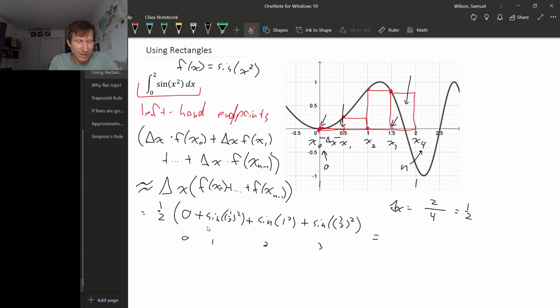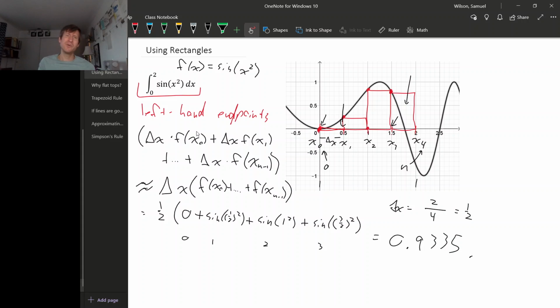Sine of 0.5 squared, so sine of that, plus sine of 1 plus sine of 3/2 squared, and then all divided by 2 because of the 1/2 out front. So I get 0.9335 approximately.